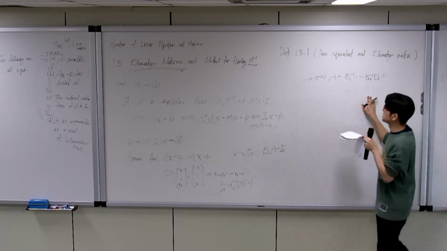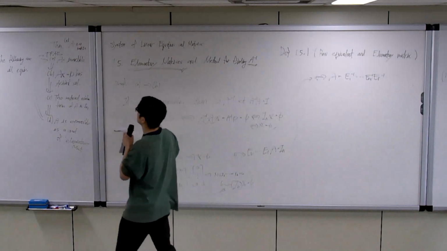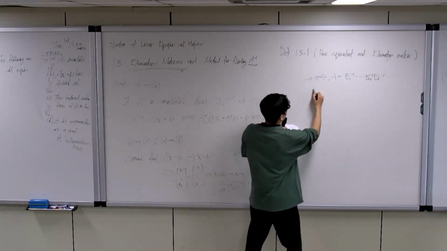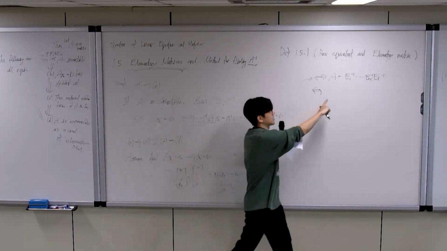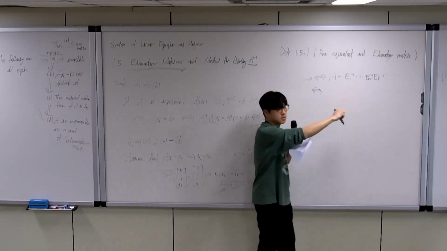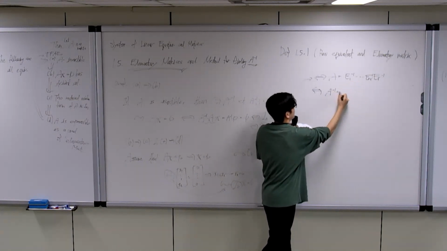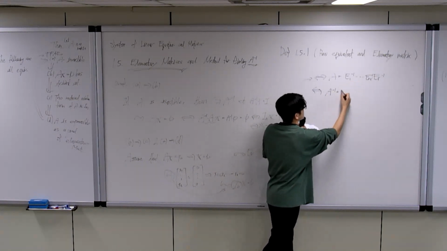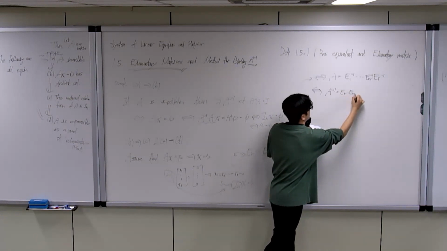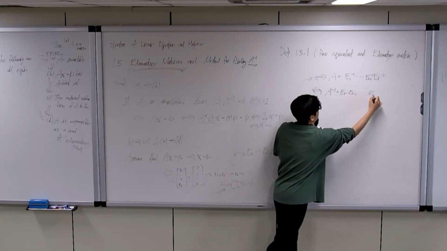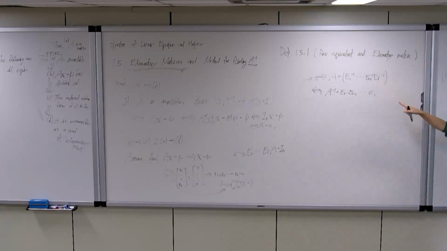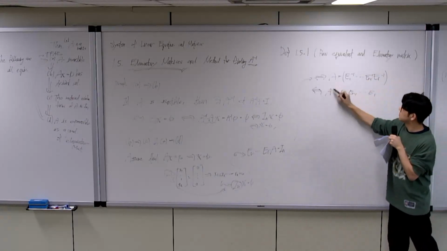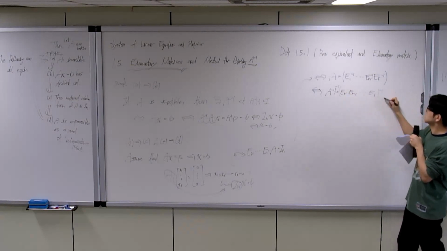And this means each elementary matrix is invertible, so we get A inverse by calculating these matrices' inverses, because the inverse of an inverse is the same.